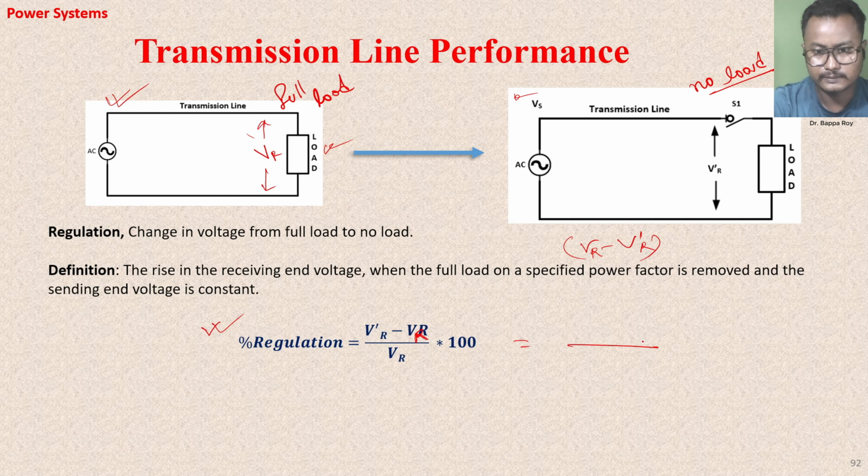So it will be VR minus Vr by Vr into 100 for percentage. Okay, clear? This is the equation for voltage regulation.